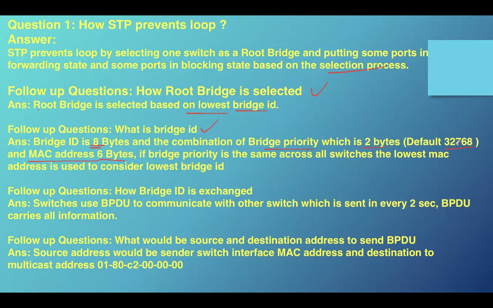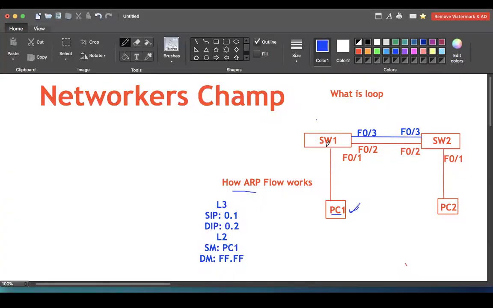Because the default priority is the same on all the switches, 32768, the selection happens based on the lowest MAC address. If the bridge priority is the same across all switches, the lowest MAC address is used to determine the lowest bridge ID. Let's say this is the MAC of switch 1 and this is the MAC of switch 2.